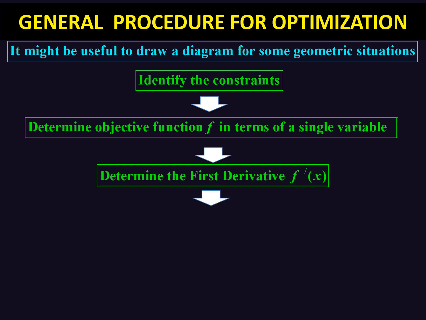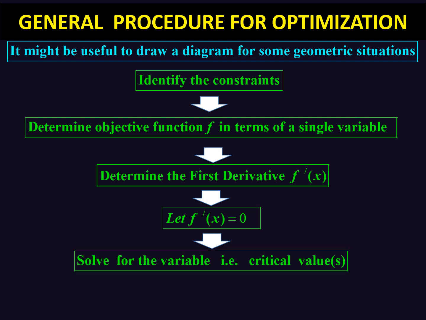Then that first derivative must be equated to 0. You still remember why? That's right. It's the gradient of a tangent at that point, and the gradient of the tangent there is 0. Then that obviously gives you an equation. So you have to solve that equation, and solving that equation will result in what we've referred to in our cubic function sketching, that's right, the critical values.